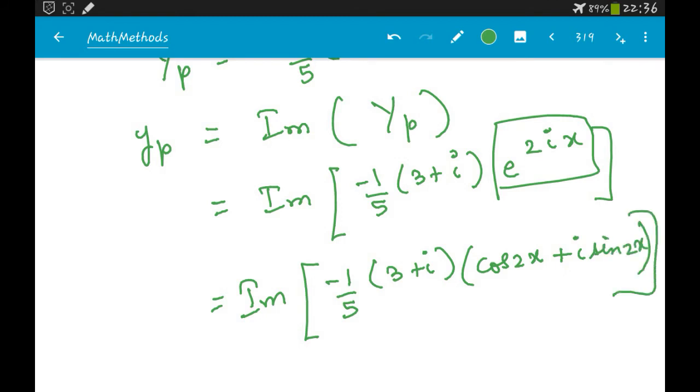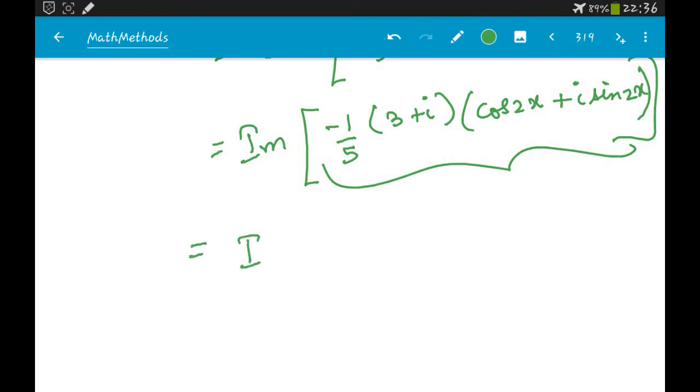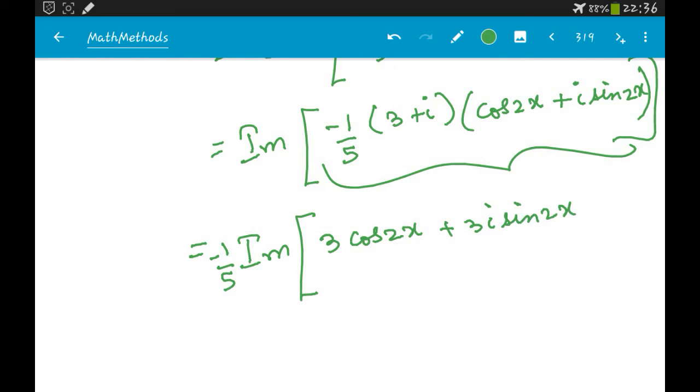Okay. So now all you have to do is take the imaginary part of this equation. So let's first compute this fully. So minus 1 by 5 we can take outside because it is common, and then we'll get 3 cos 2x plus 3i sine 2x plus i cos 2x minus sine 2x.